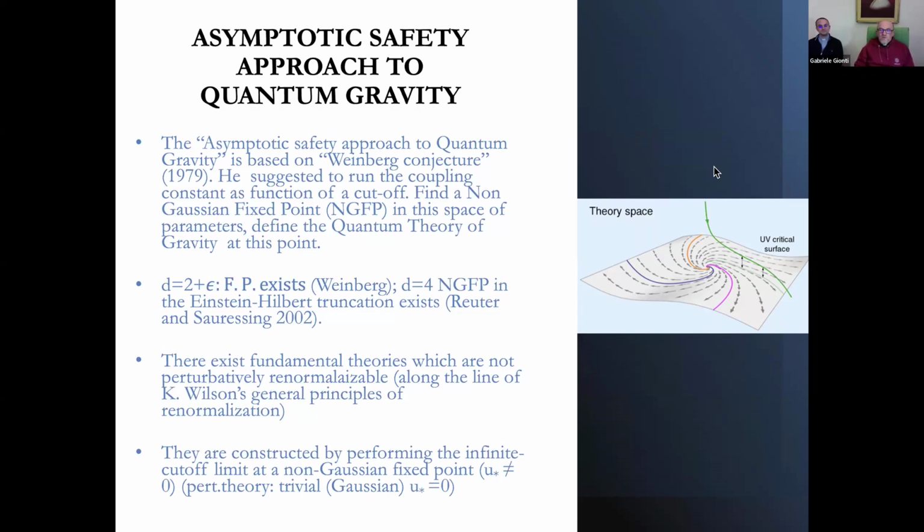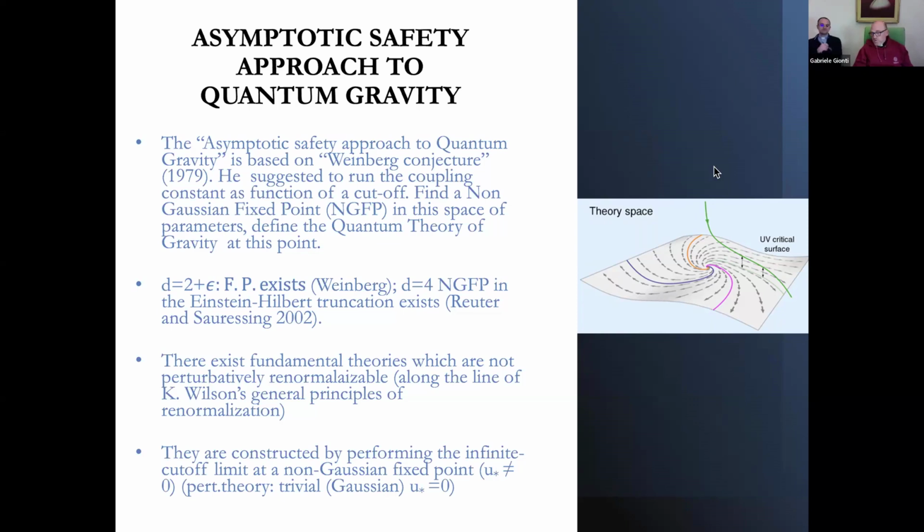In 4 dimensions, in 2002, Reuter and Saueressig proved that it works also for gravity. So this means that there is a way to quantize gravity, not in a perturbative way, but in what is called a non-perturbative way.